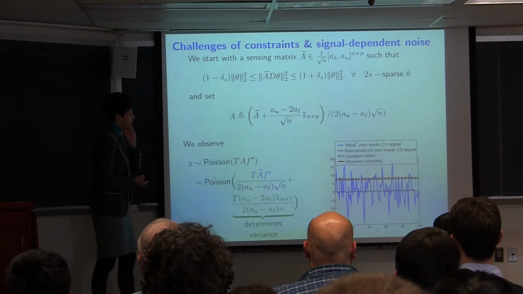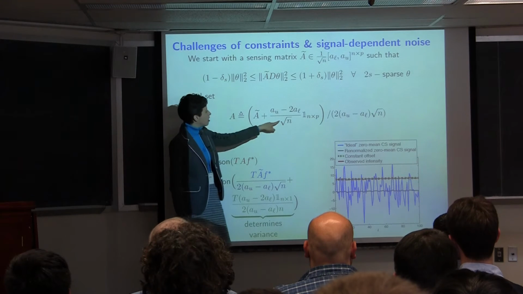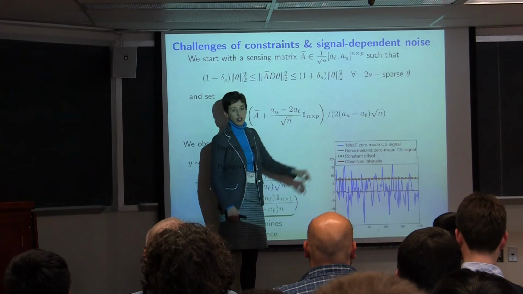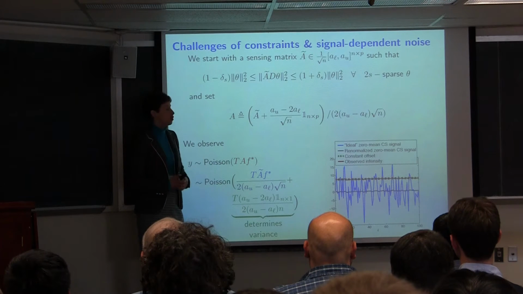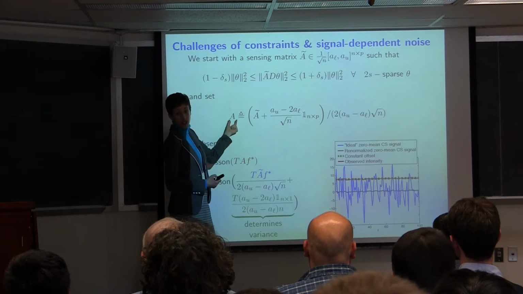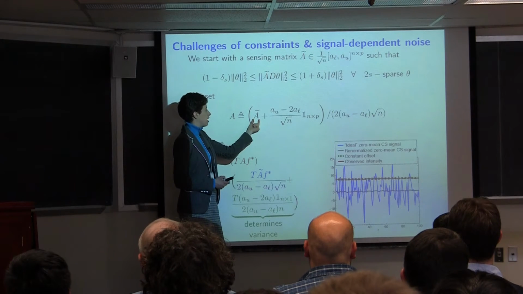Then we take that ideal sensing matrix, add an offset and rescale it so that we satisfy all the constraints from the previous slide. So now we've got a sensing matrix that's physically realizable, but under the hood has a compressed sensing matrix that we'd ideally like to work with.